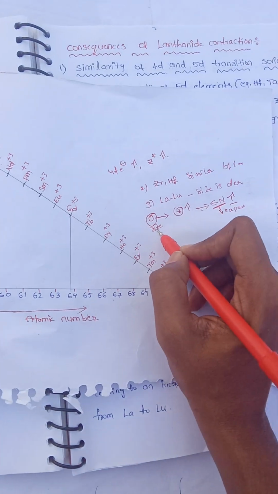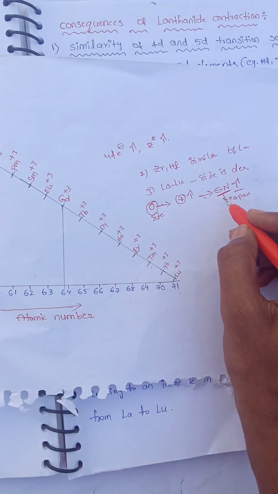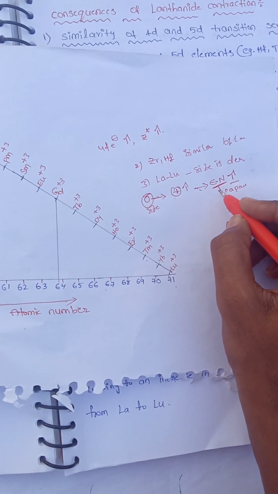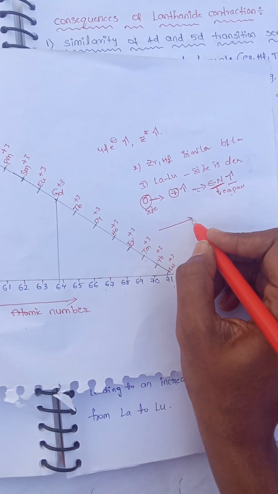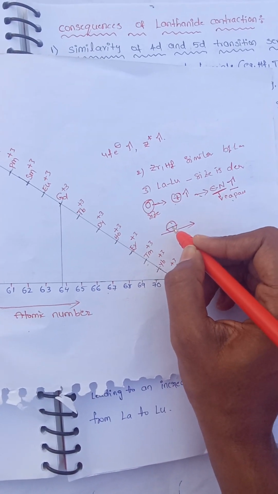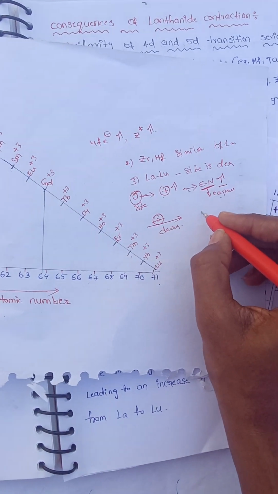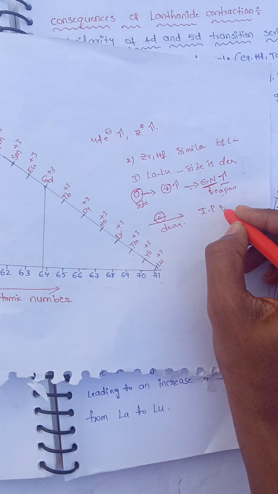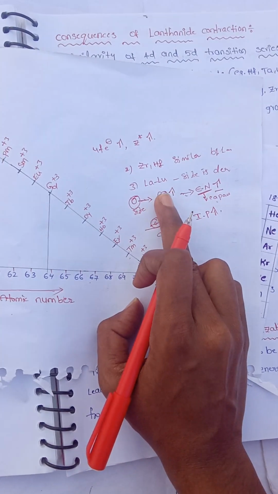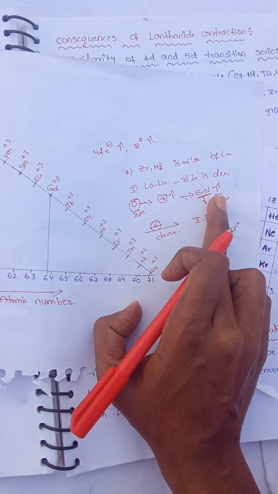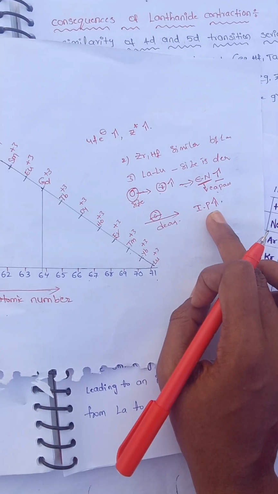So when the size decreases, nuclear charge increases and electronegativity also increases. Again when the size decreases, ionization potential also increases.